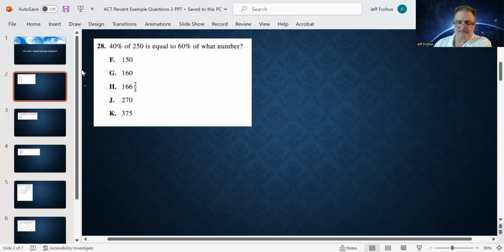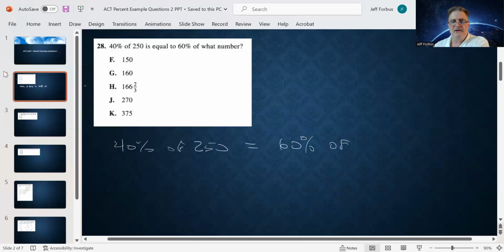40% of 250 is equal to, so put an equal sign there, 60% of some number X. Look what we got.